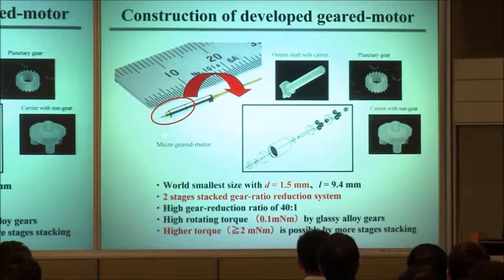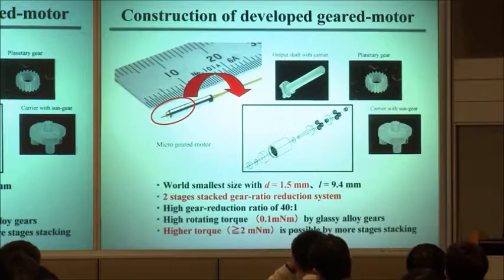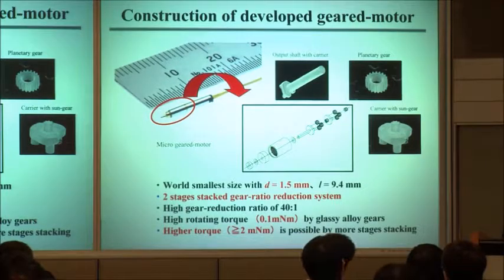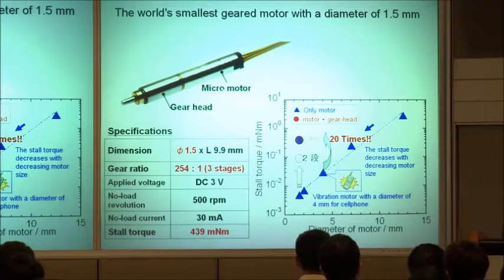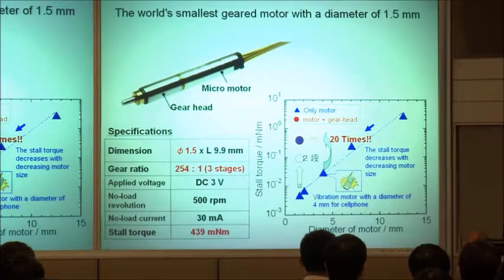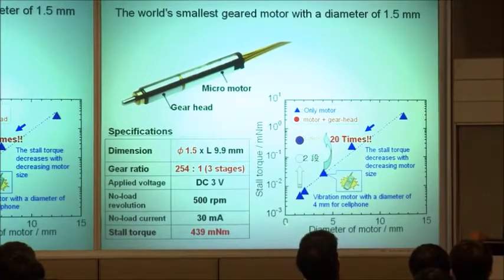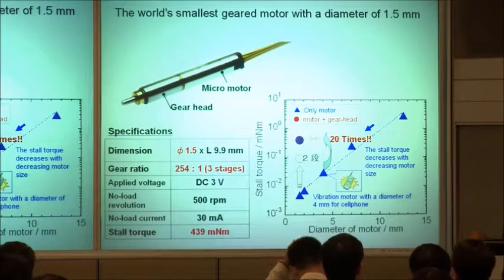That's micro-geared motors consisting of these glassy alloy parts produced by a net casting process. The 3-stage geared motors with a diameter of 1.5 millimeters show very high torque, which is about 20 times higher than that of the conventional vibration motors for our cell phones.